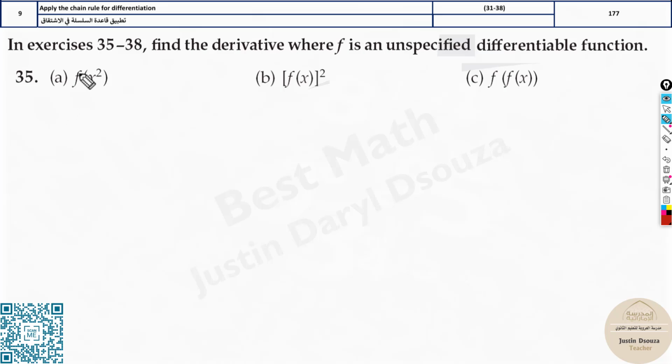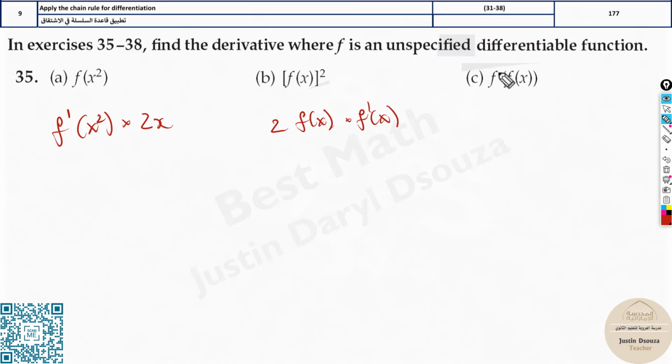Let's solve this. First thing, what is the outer function? It's f, right? f prime of x squared. Now what is the inner function's derivative? It will be 2x. That's the answer. Now here the outer function is a square, so it will be 2 f of x, then the derivative of the inner function, f of x. That's it. Now what about this? It is two functions.